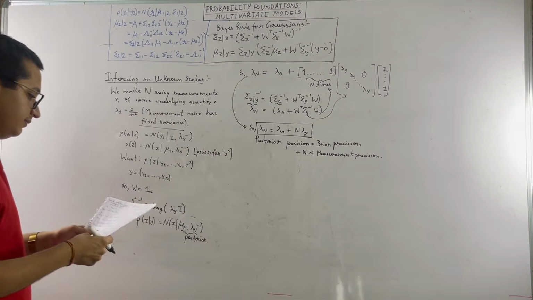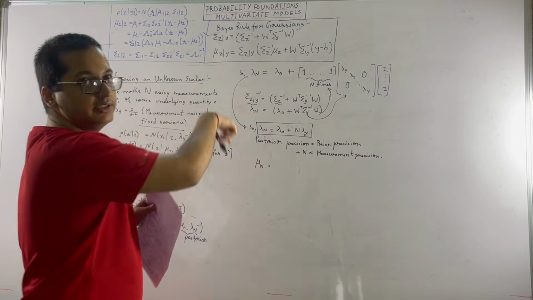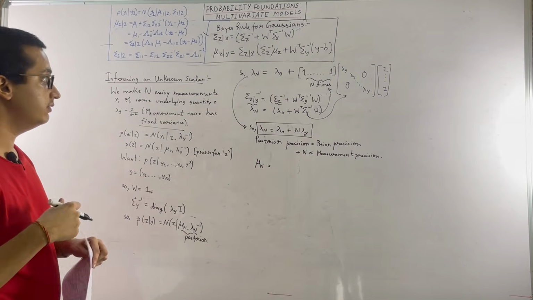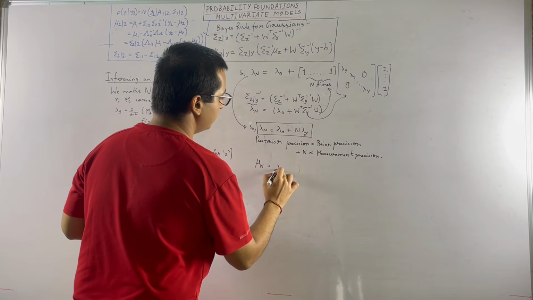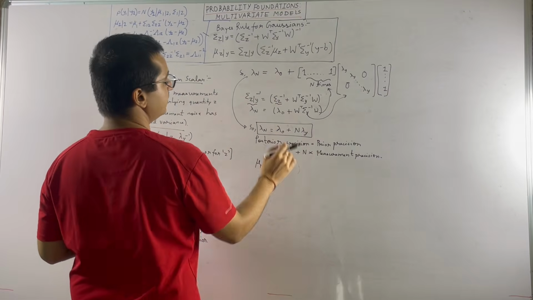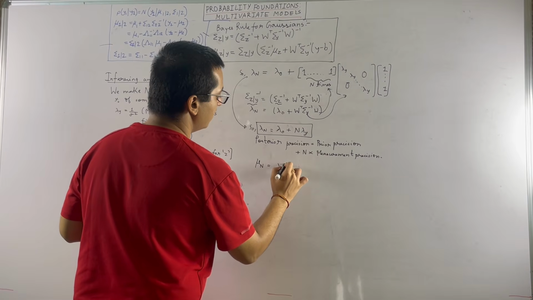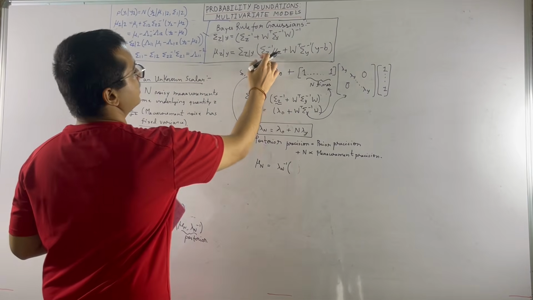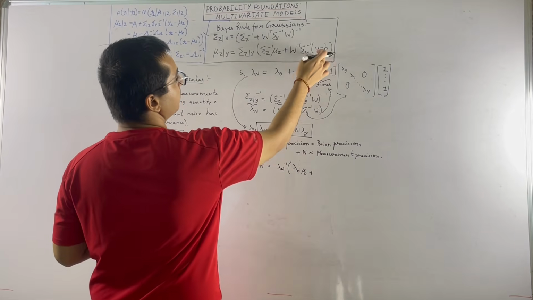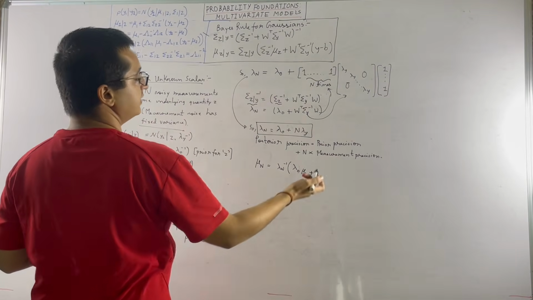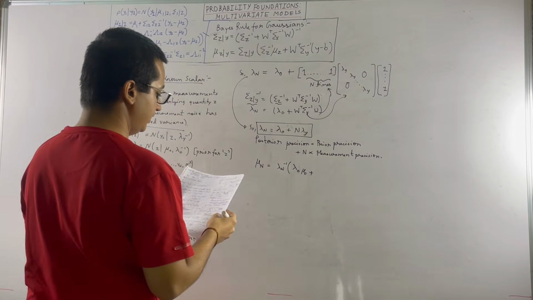Got it? Simple. And using this equation, mu of z given y is nothing but mu n, the posterior mean. So the posterior mean will be equal to what? Look at the equation. Sigma of z given y is lambda n inverse. And what do you get? This is for the lambda naught mu naught, plus, again, if you simplify this expression and taking b as 0, you can just do the math if you want to.